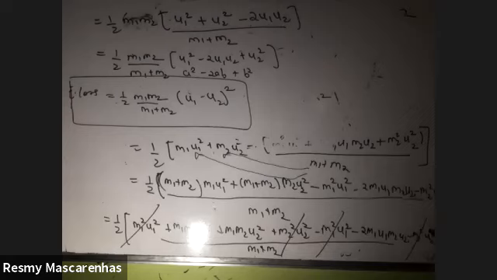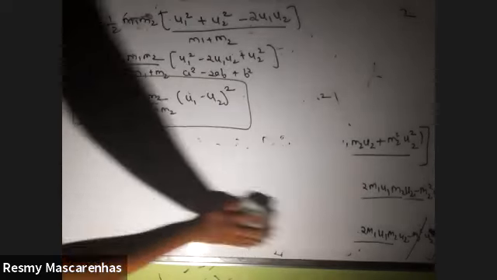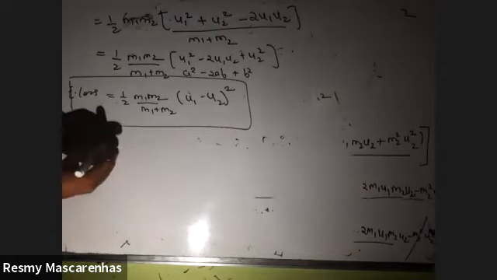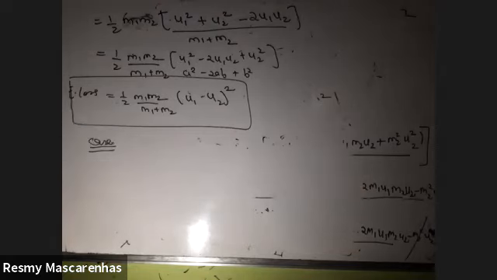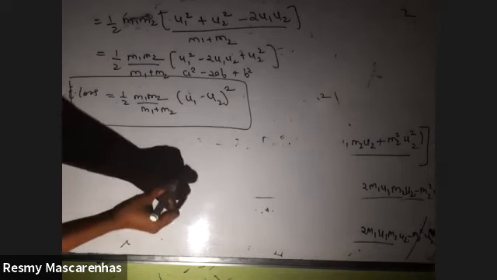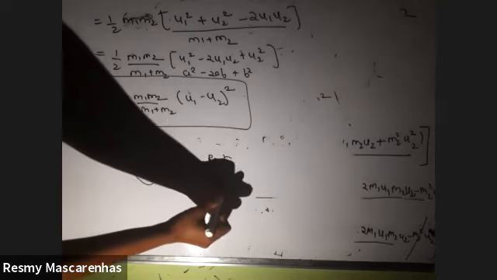Okay, there's one case. Let's suppose this is at rest. This is a special case. m2 is at rest, so u2 will be 0.